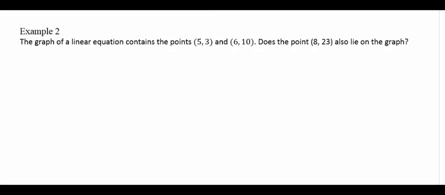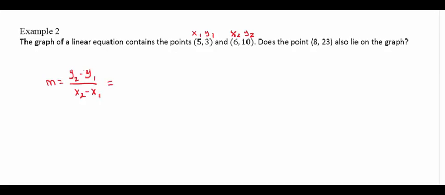So in order to write the equation, I am going to first of all need to find my slope. So I have x sub 1, y sub 1, x sub 2, y sub 2. We know that our slope formula is y sub 2 minus y sub 1 divided by x sub 2 minus x sub 1.